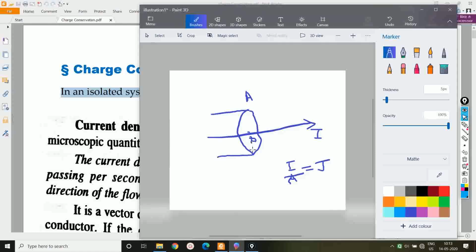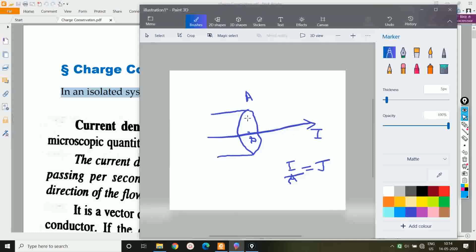So at the point P, current density is defined as simply current per unit area, provided the current is flowing perpendicular to the area of cross section. Here the current is perpendicular to the area which we have chosen.